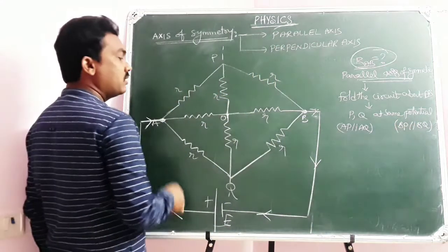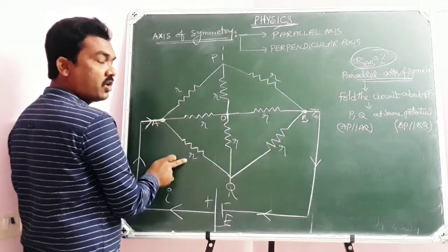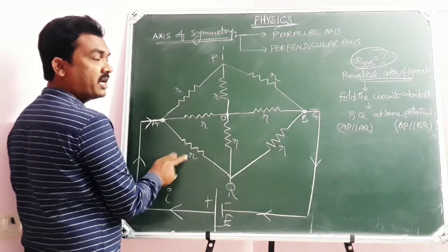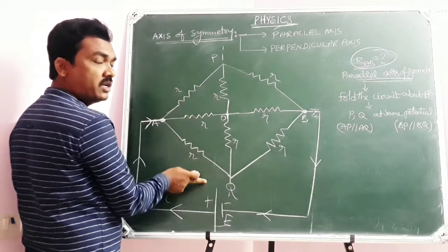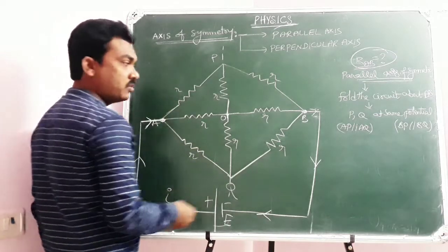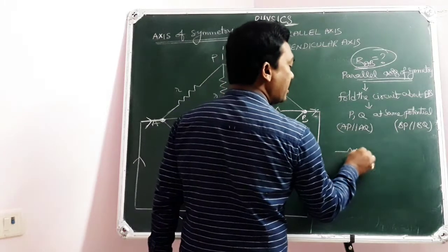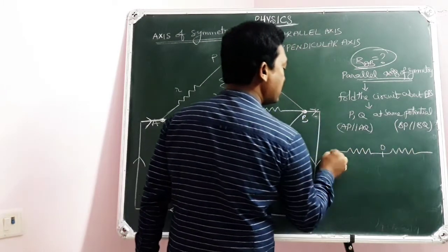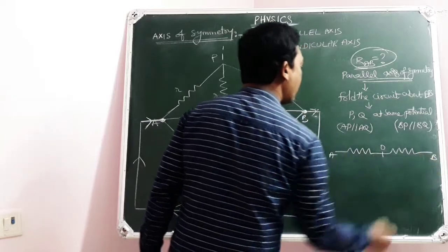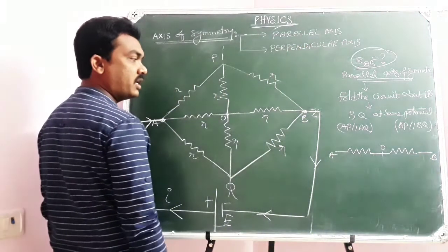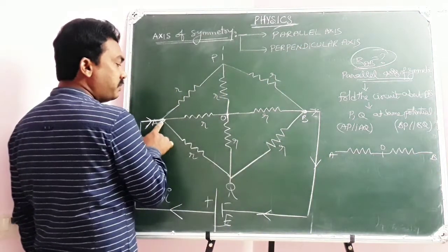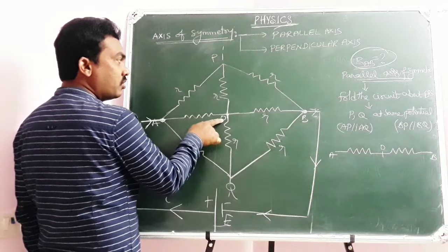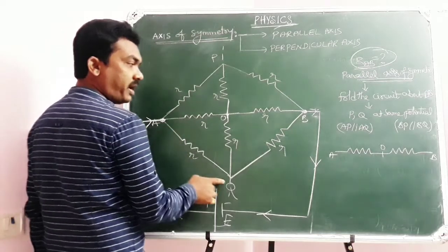So these AP and AQ, which are in parallel, can be replaced by R by 2, because two resistors of R in parallel give R by 2. See, AO and OB are not getting disturbed. This is O, this is A, this is B. Between A and O, AP and AQ are in parallel.